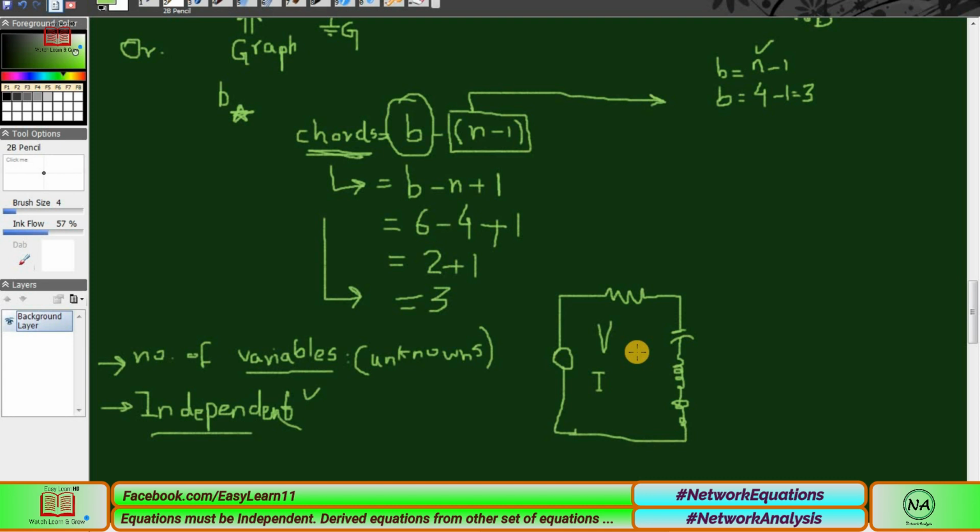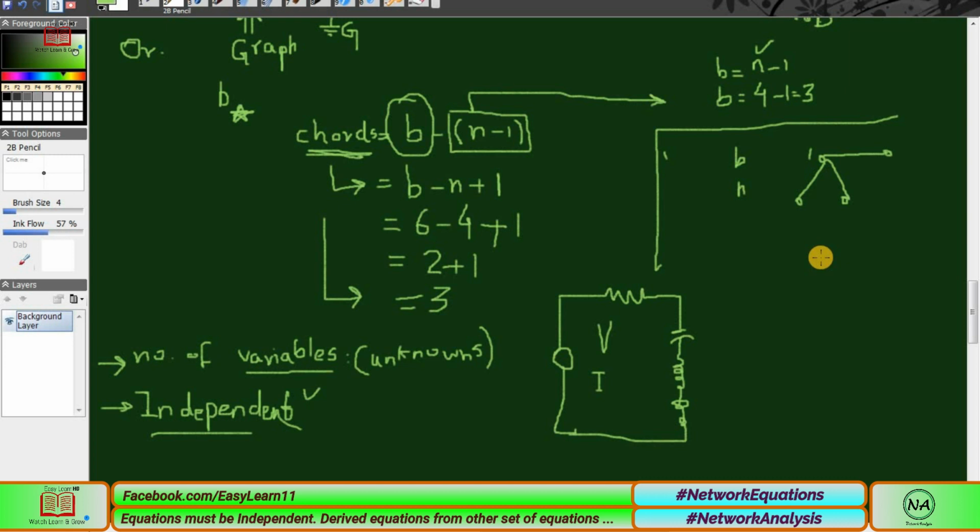For the sake of the example, let's suppose we have n nodes, the different nodes like here, 1 2 3, and b branches.